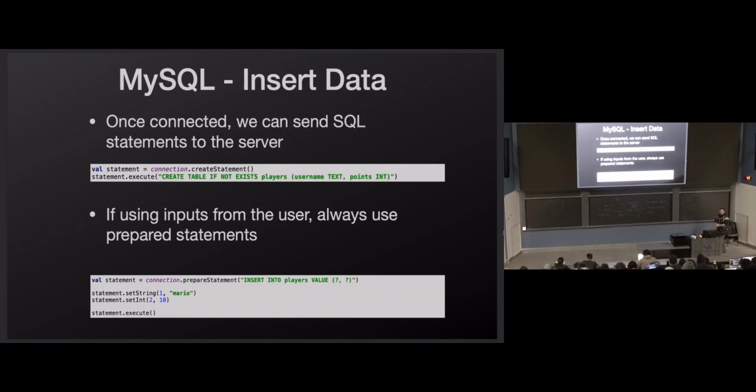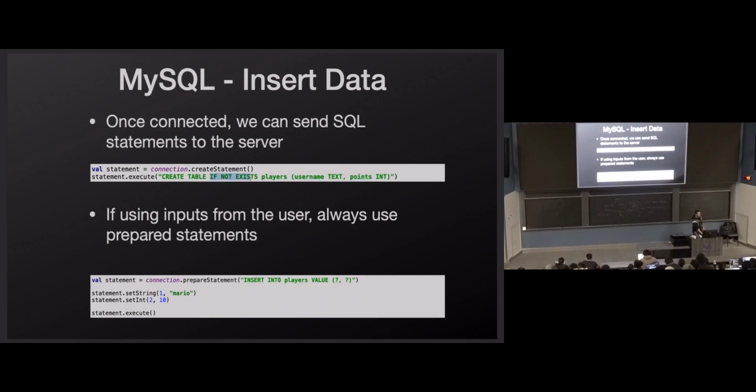So once we're connected, we can start sending SQL statements to the server. So here, I want to create a table. Whenever you use SQL, you have to create a table first, which is going to be kind of like a CSV file. You're going to define the columns of data, and then you can add rows of data to that. So I'm creating a table named players with 2 columns, one for username and one for points.